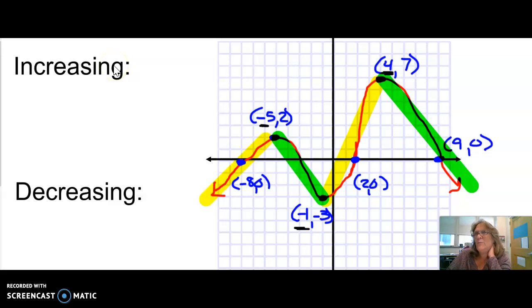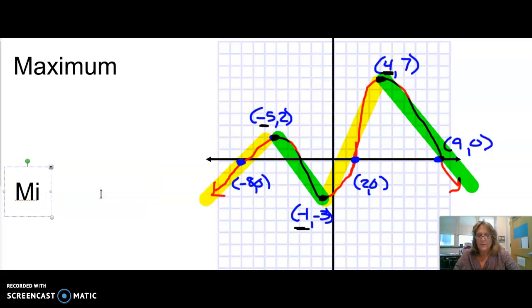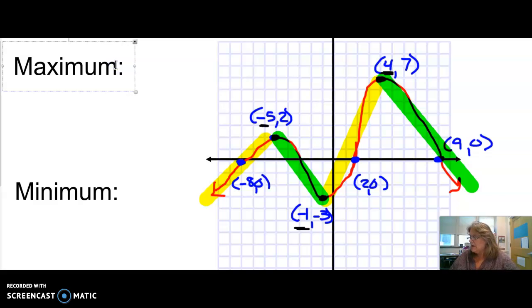So if we use the same graph that we had before when we were talking about increasing and decreasing, I'm going to change this to maximum, and I'm going to change this to minimum. Okay, so when we're trying to determine whether we have a maximum or minimum, we're really looking at the y values.